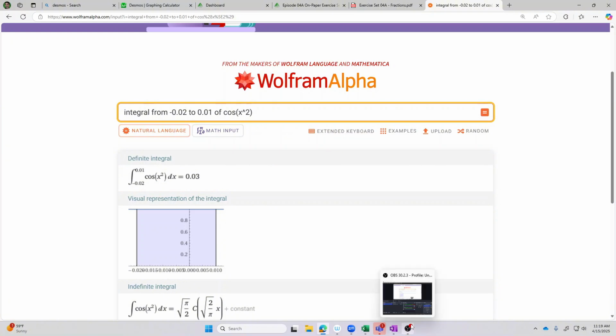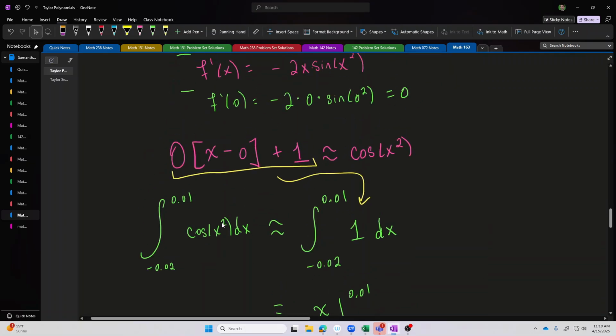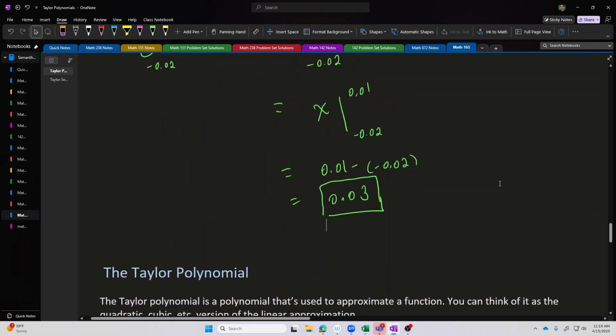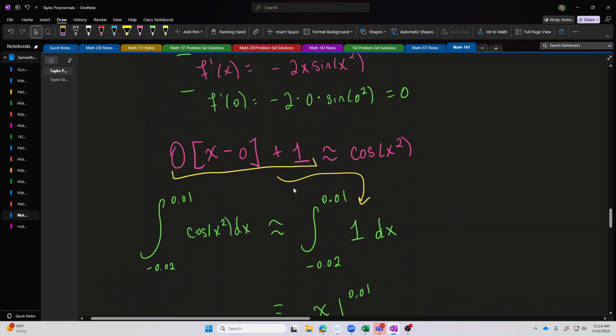Which is exactly the same as we estimated over here by replacing cosine of x squared by one of its linear approximations. So we've gotten quite an accurate result here, but we didn't have to do a Riemann sum, we didn't have to do the table, we didn't have to choose a step size. The linear approximation gives us an alternative way to get that result.